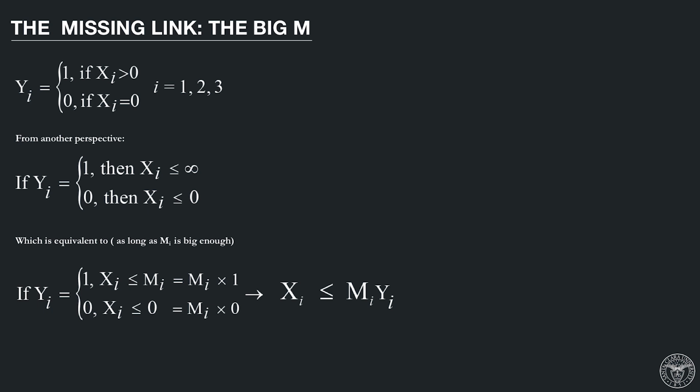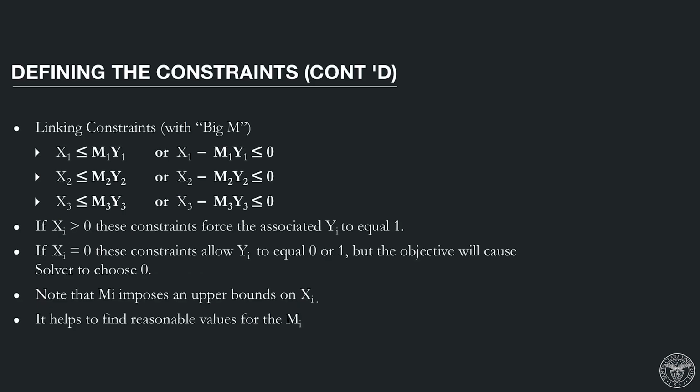So in this case, we have yi equal to 1 if xi less or equal mi times 1, or yi equal to 0 if xi less or equal mi times 0. We can combine these two equations into one so that we have xi less or equal mi times yi.